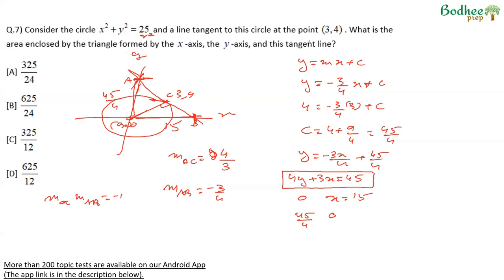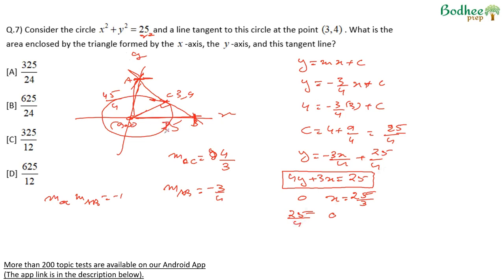Sorry. This is 25, not 45. What am I doing? Major calculation error. 4 4s are 16 plus 9, 25, not 36 plus 9. So this will be 25, this will be 25, now it is okay. So here we'll have 25 by 3, and here we'll have 25 by 4.